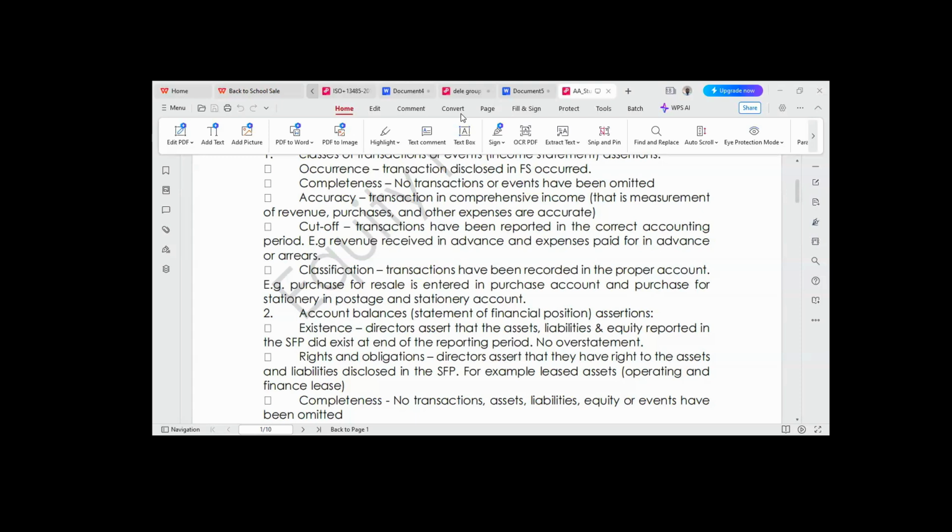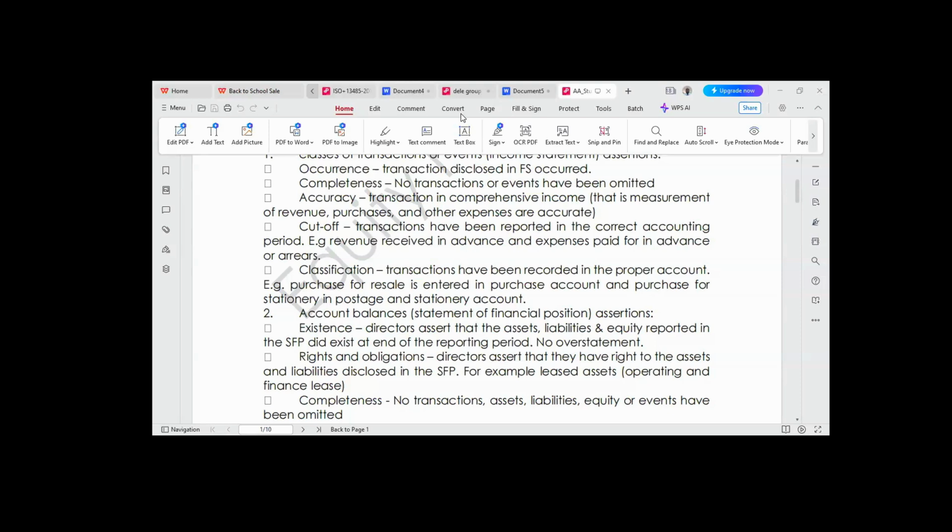So if you are not the owner of the assets, you recognize the lease rentals. But if you are the owner of the assets, you recognize the book value. All right. So the next thing we are looking at is the rights. You'll be requesting for the agreement to show that they are not the owner of the assets. That's how the auditor will test.